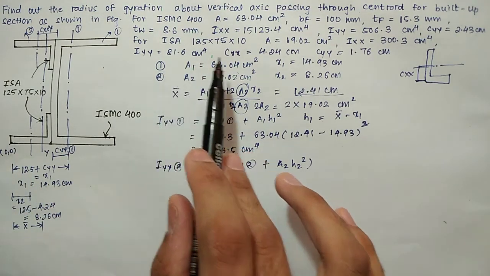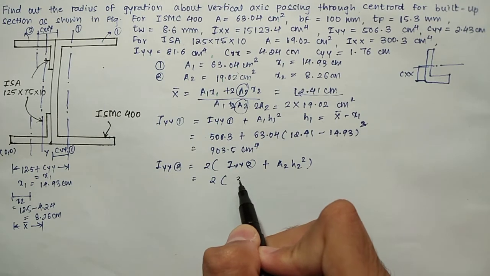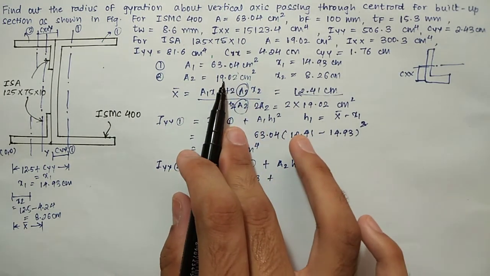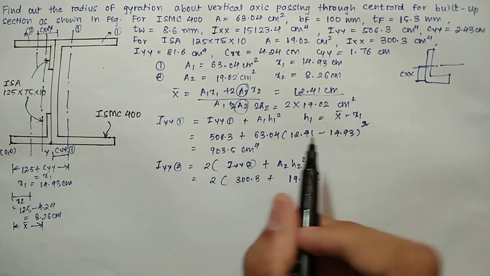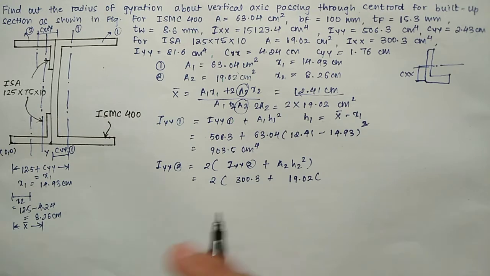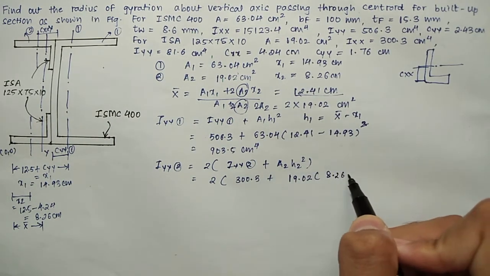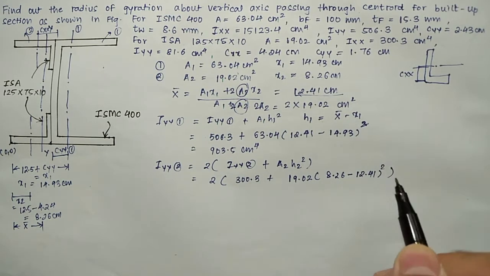So for the ISA we have been given the value of Ixx as 300.3, so it will be 300.3 plus a2, that is given as 19.02, into h2 square. H2 is nothing but x2 minus x bar, and the value of x2 is 8.26 minus x bar, that is 12.41, whole square.